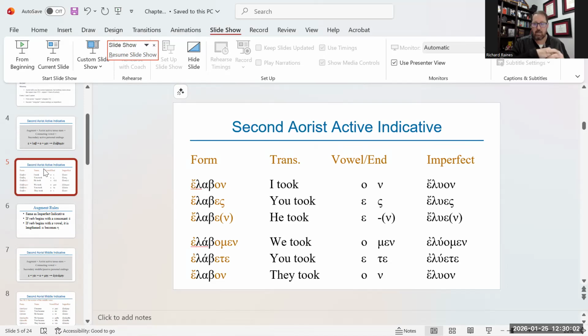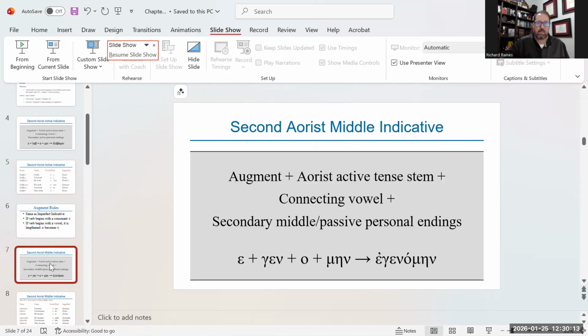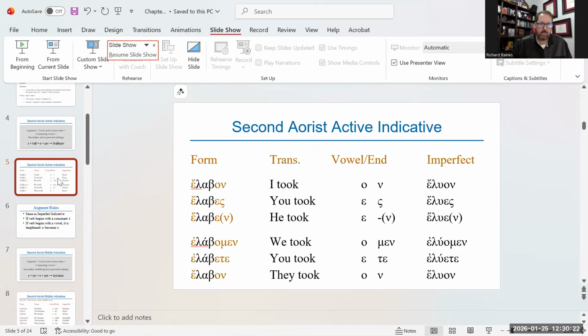And again, at the end of this lecture, I'm going to show you where you go in the book to really get an understanding of those second aorist stems. All right. So that's the second aorist active indicative. And it's simple past, right? I took, you took, he took.